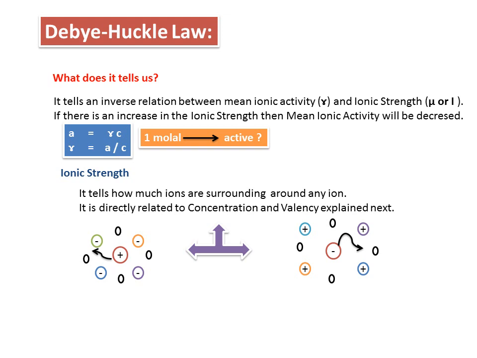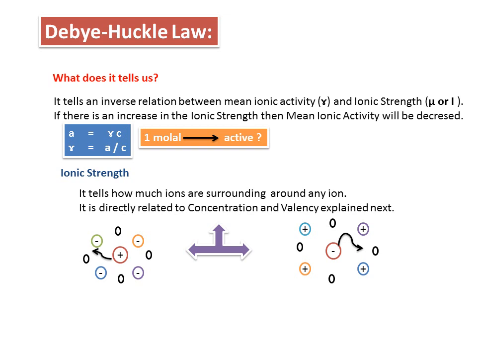If there are 4 anions around a positive ion, and if there are 5 anions around another positive ion, then the one with 5 has more ionic strength. If there is an increase in ionic strength, then the mean activity coefficient gamma will change accordingly.